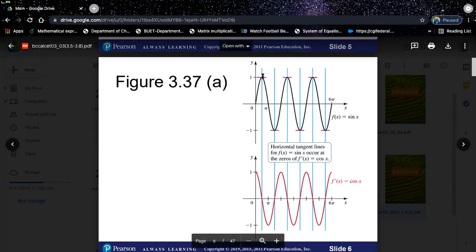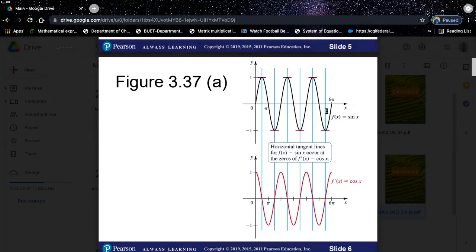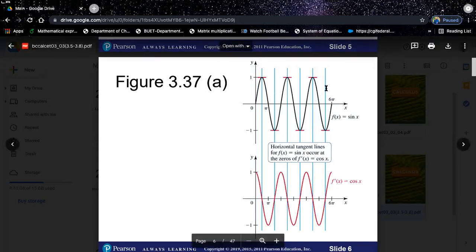At pi over 2, if you draw a derivative, or rather I would say a tangent line, you will see it's actually parallel to the x-axis. It's a horizontal tangent line, okay? And same goes for 3 pi over 2, 5 pi over 2, and so on and so forth.